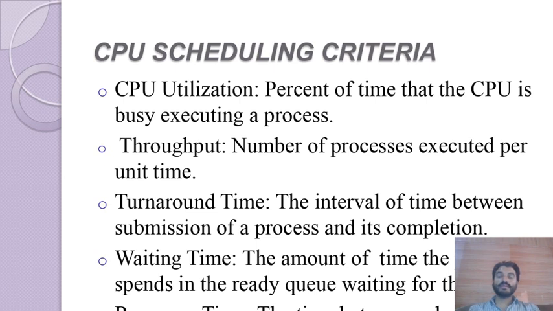Turnaround time: the interval between the arrival time of a process and its completion time. And waiting time: how much time a particular process takes to join the running state.